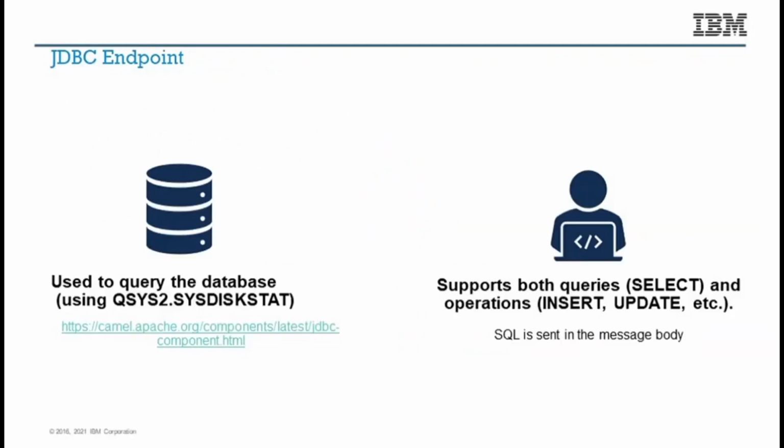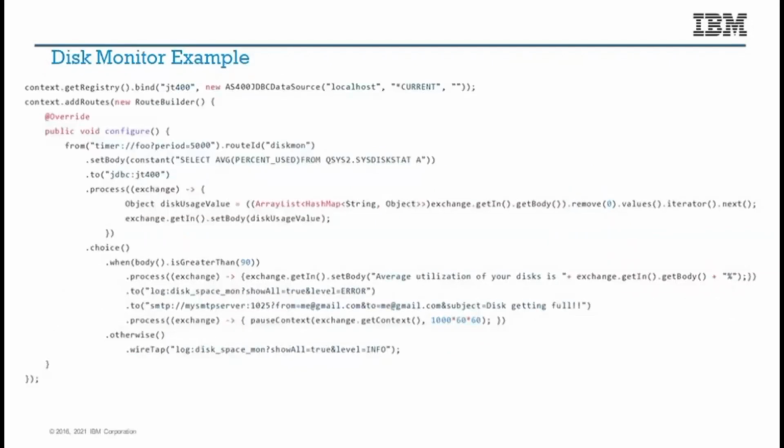I'm going to use that JDBC component that I mentioned earlier to talk to the database. I can do inserts, updates, deletes, all this stuff here. But in this particular example, I'm just going to query this SYSDISKSTAT IBMi service to check how full my disks are. So this is the whole code to do all of that.